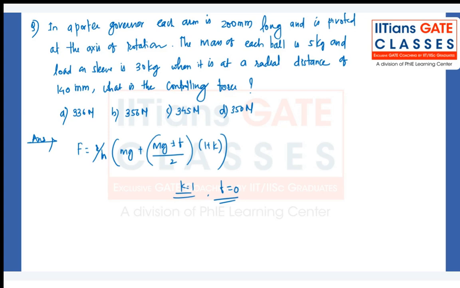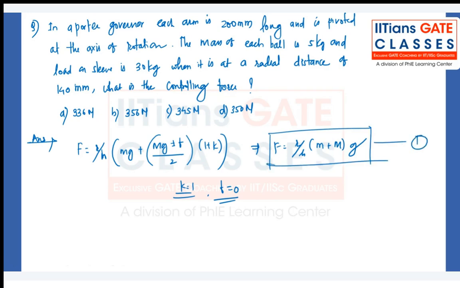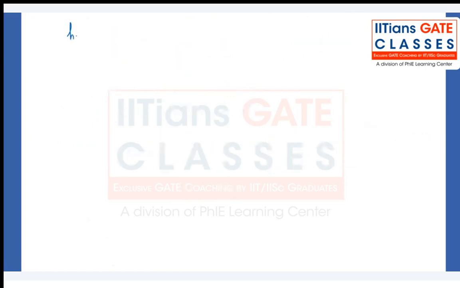Then with this assumption, this formula will change to R by H, M plus M, G. Okay. So this is the formula. Then write it down as equation number 1. H is under root of L square minus R square, which is under root of 0.2 square minus 0.14 square, which is 0.143 meter.